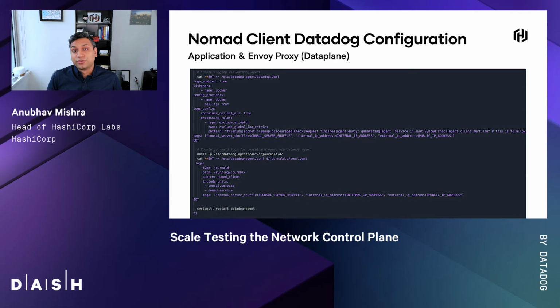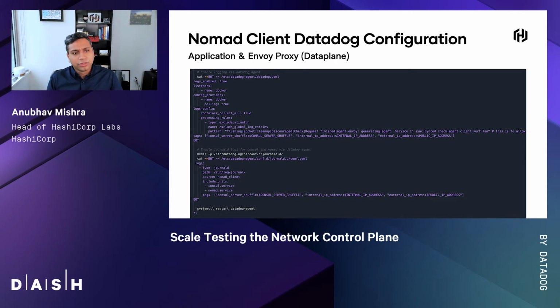And this is just because we're producing a lot of logs. Some of these processes are running with the log level debug or maybe a little bit higher than info. So we were generating a lot of logs. So we just wanted to send logs that were useful to us up. And we just used the exclude_at_match processing rule to do this.